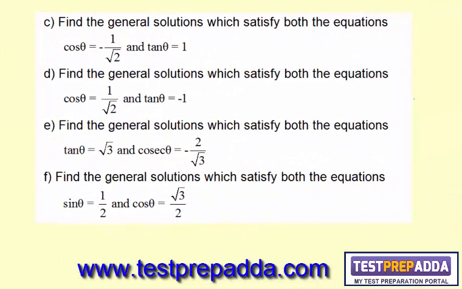Here are a few more questions of similar type. If you look at this third question, here cos theta is minus 1 by root 2 and tan theta is 1. Clearly you can see cos theta is negative.